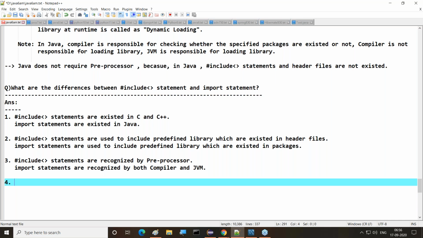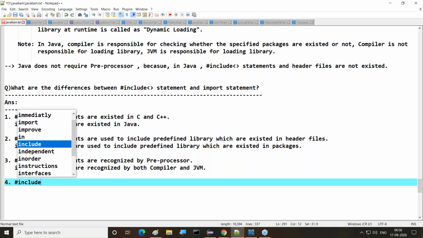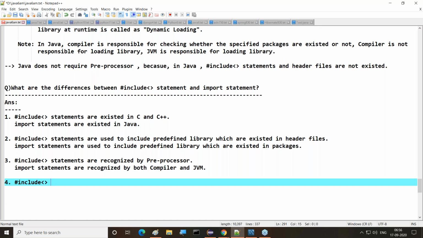Next one is, come on guys, now tell me. A hash include statement is able to load libraries to memory at compilation time. So is this type of loading static loading or not?